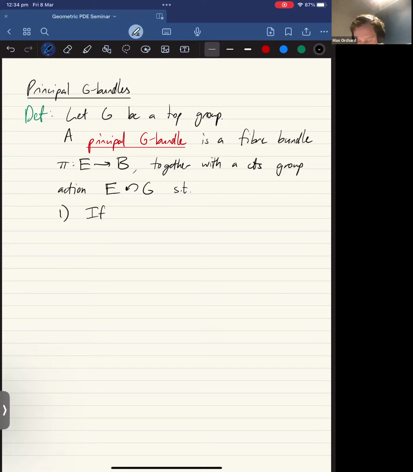So if y is in a fiber, then if we act on it by any group element, we also stay in the fiber.